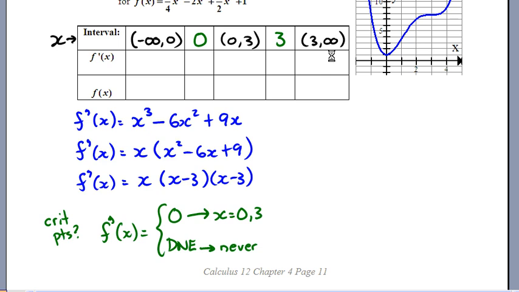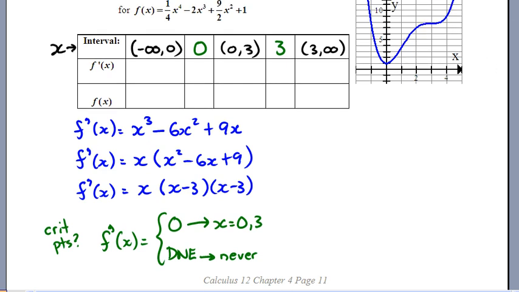I want to figure out what's happening with the derivative on those in-between times. I know that the derivative is 0 at 0 and at 3. That's all very nice. But what's it doing before 0 or between 0 and 3? So you try numbers out. You try like a -1, and you can put it into this blue stuff anywhere, whatever line you like. Put that -1 testing x value in, and you'll see that the derivative is negative.